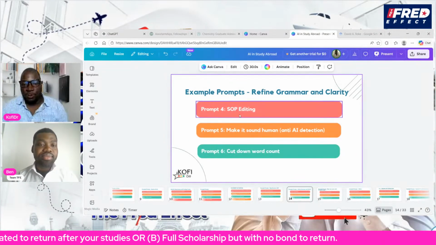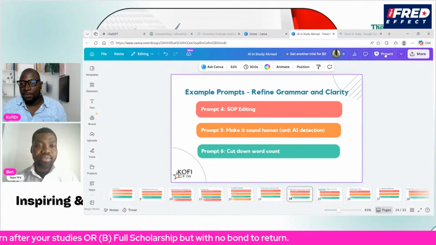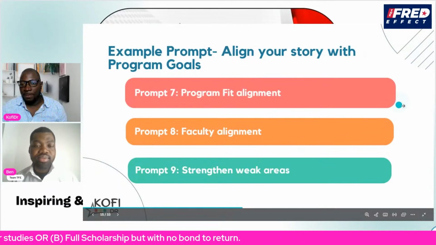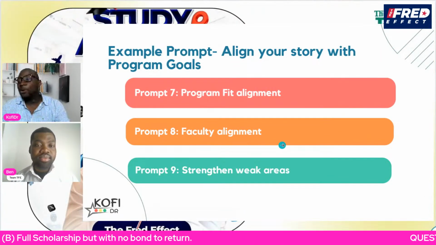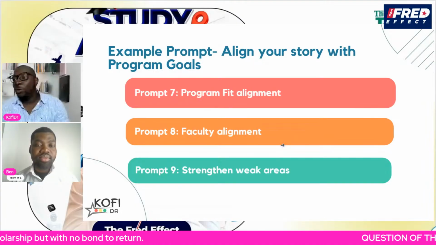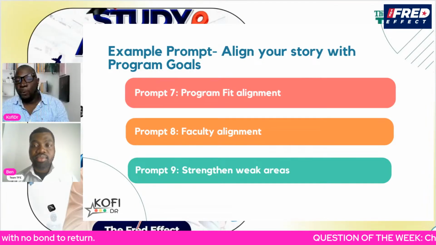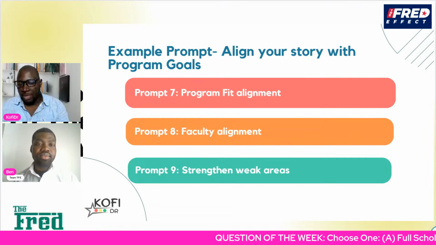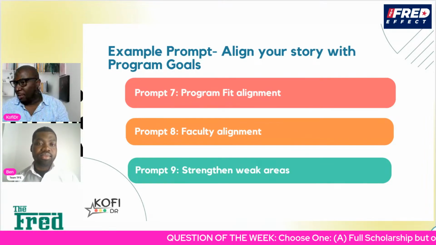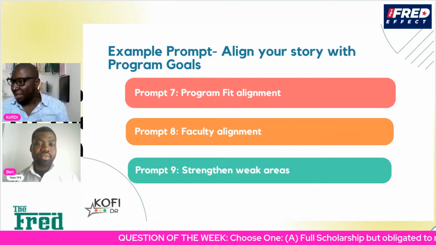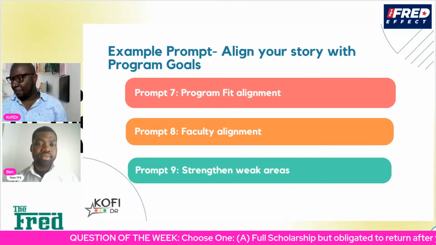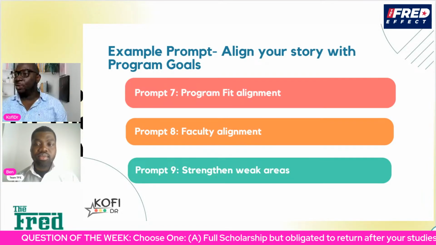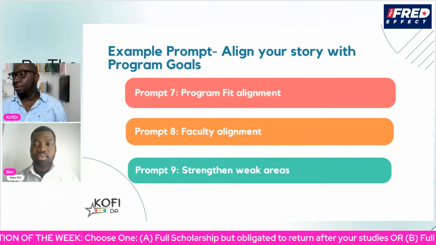The next will be faculty alignment. You are applying to a program. You might have targeted a faculty member in the program. You might have sent cold emails to that professor expressing interest to work in their research group.